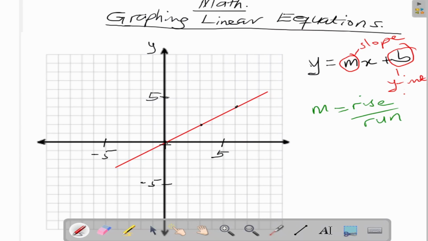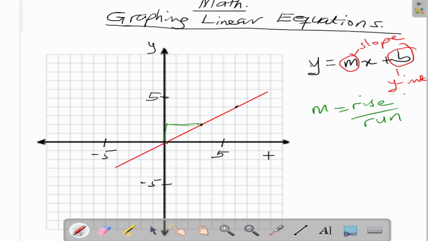So I'll use the rise over run. We have 1, 2, and then 1, 2, 3 here. So the rise is 2, and the run is 3.